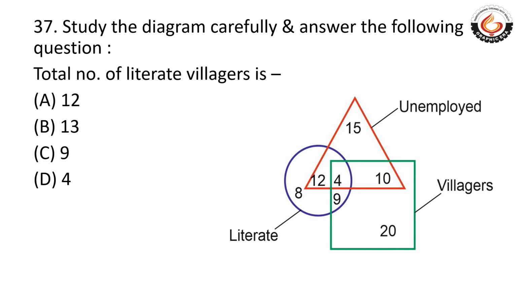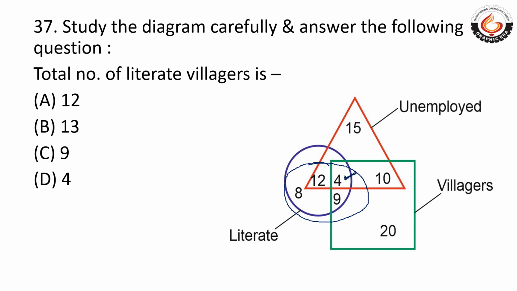Total number of literate villagers is... Now they are not talking about unemployed or employed. So they're asking just literate villagers. First of all, if they're talking about literate, the answer should be from these four only: 8, 12, 4 or 9. Now they are asking it should be a villager also.